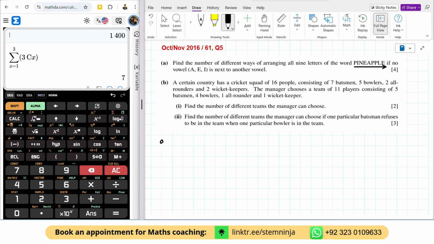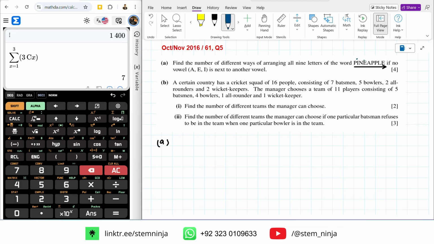So the point to note over here is that there are 1, 2, 3, 4 vowels in quantity. So it's A, E, E, I. Right, so 4 in quantity. And we don't want them next to each other. That means all of them should be in alternate places, or at least not just simply next to each other.